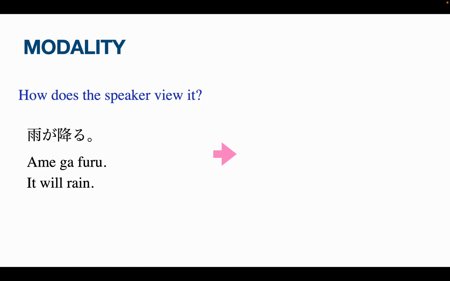Finally, modality. Modality sounds like a very technical word, but the basic idea is interesting. Our simple question is, how does the speaker view it? Let's start with a simple sentence. 雨が降る.